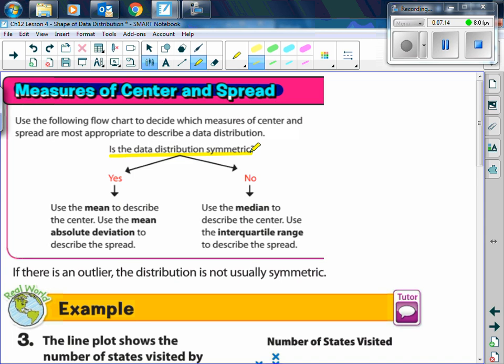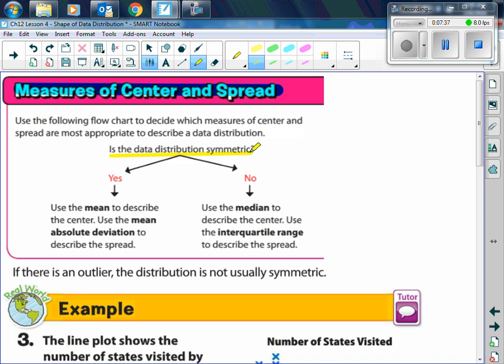If it is symmetric, then the best measure of center to use is the mean, and the best measure of spread is the mean absolute deviation. We're going to use the mean to describe the center, and we'll use the mean absolute deviation to describe the spread. How is the data spread out?